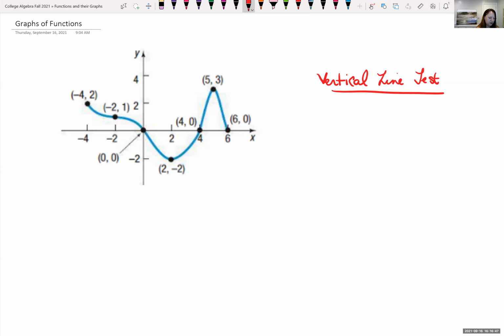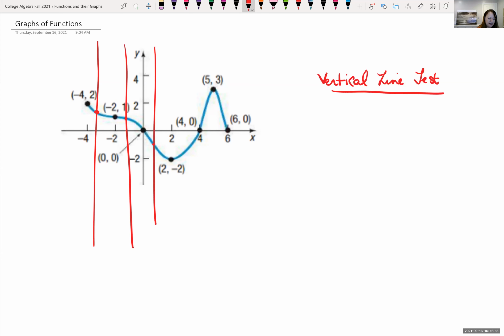And so if I draw a vertical line here, I notice that it's only crossing once. If I draw it anywhere on this, I can see that there's no place where it's going to cross more than once. I notice over here, it's actually not crossing anything, but that's because that part of the picture is not there. It's not in the domain.